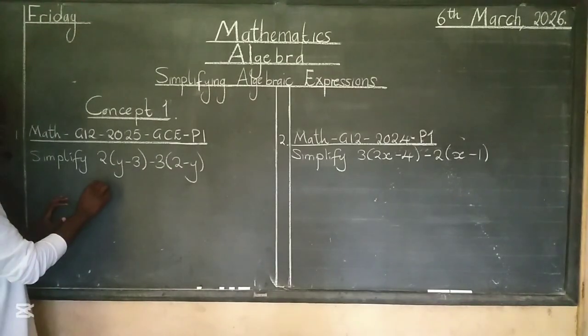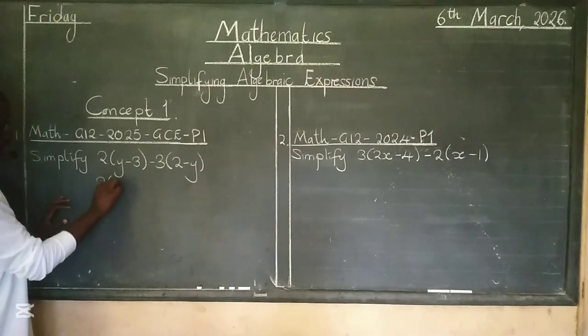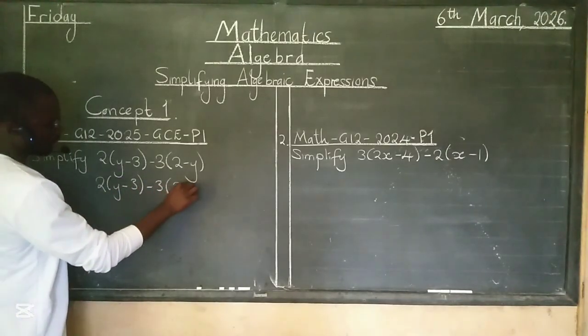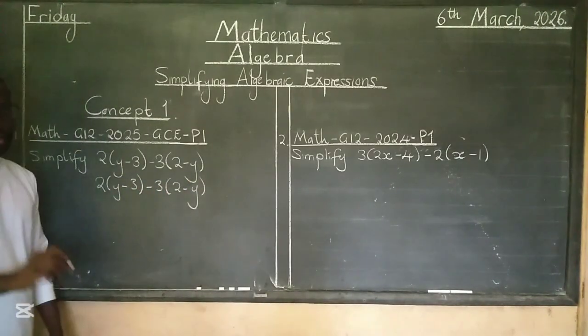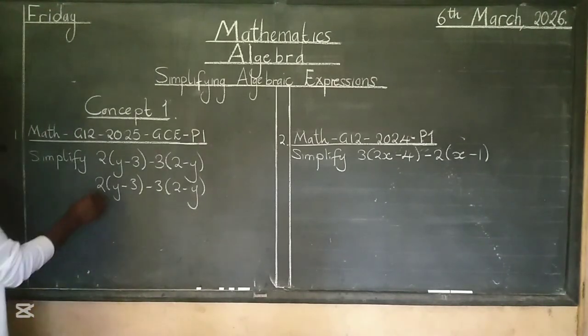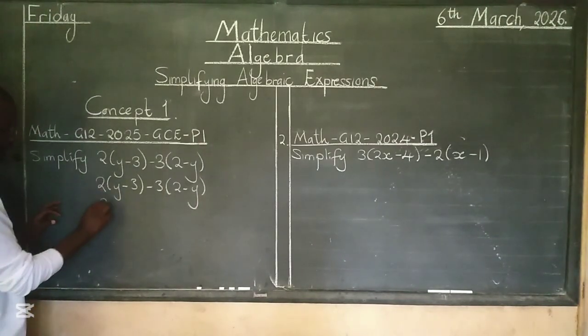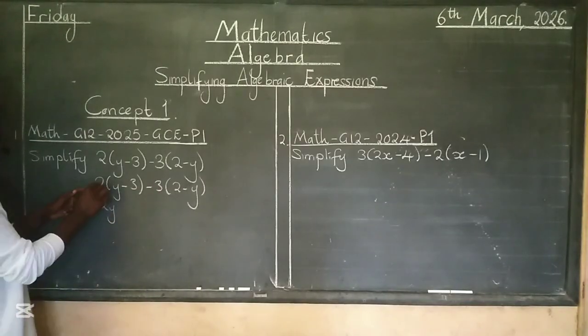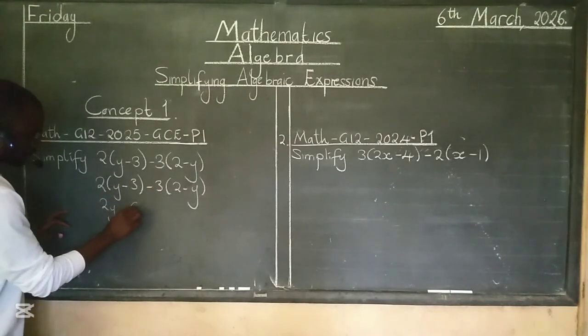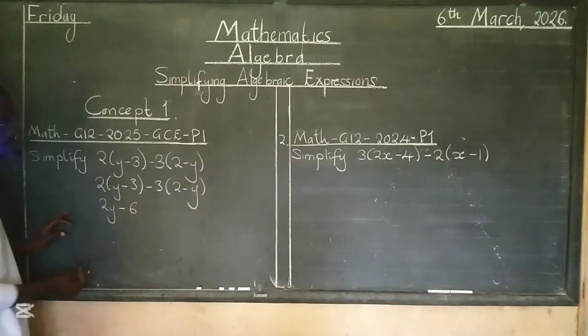First of all, bring it down here: 2y minus 3(2 minus y). We use the distributive law, as in 2 times y, 2y; and 2 times this 3 is going to give us a 6. Then we drop the minus.